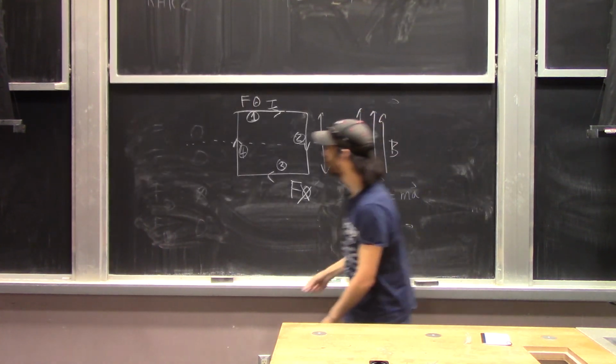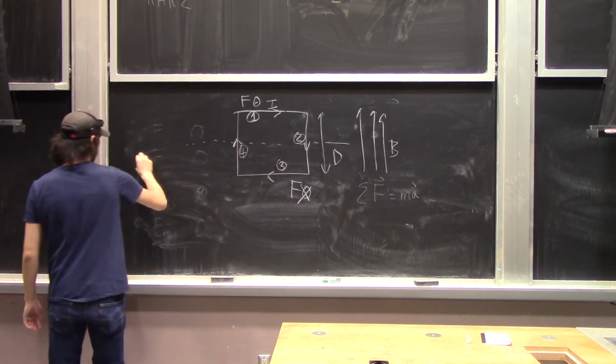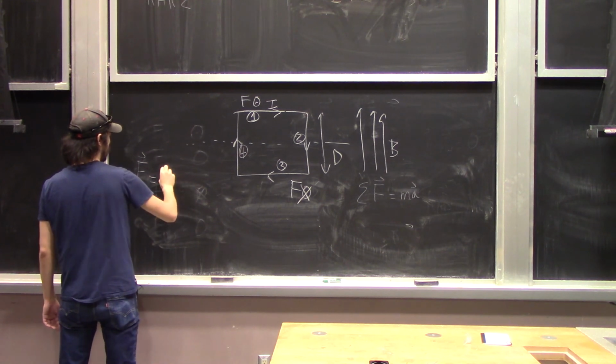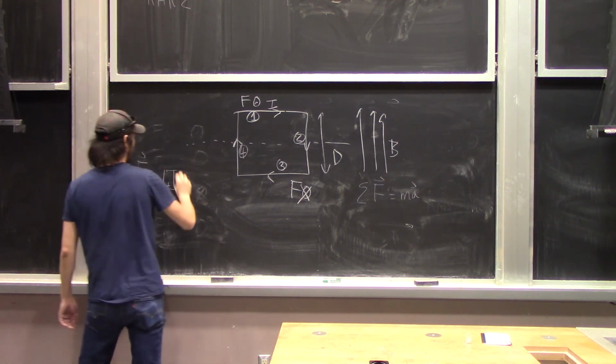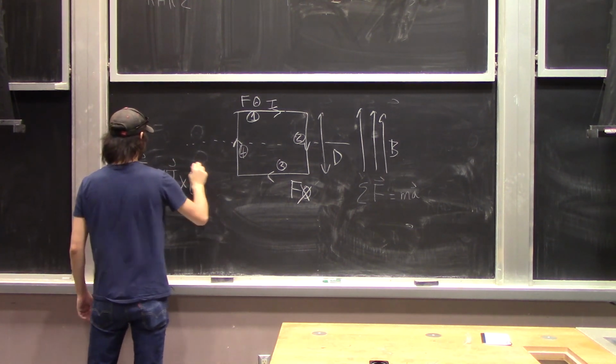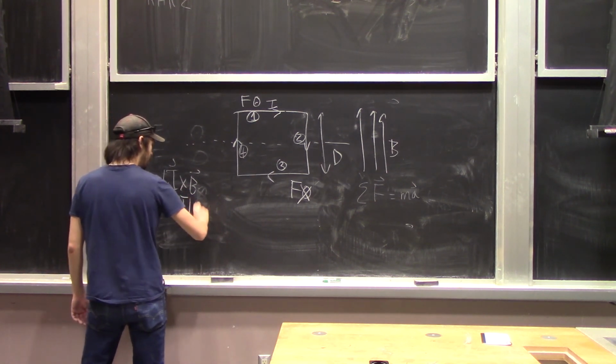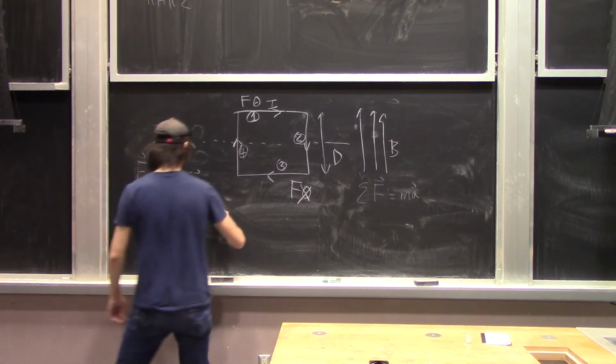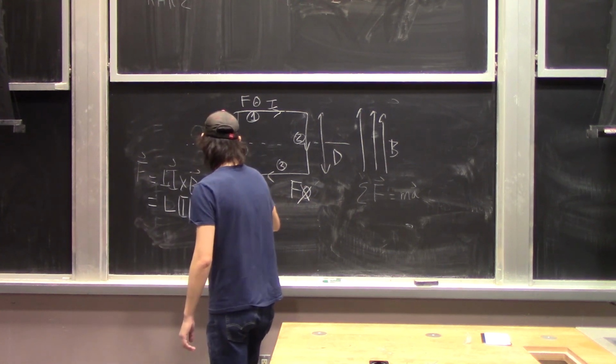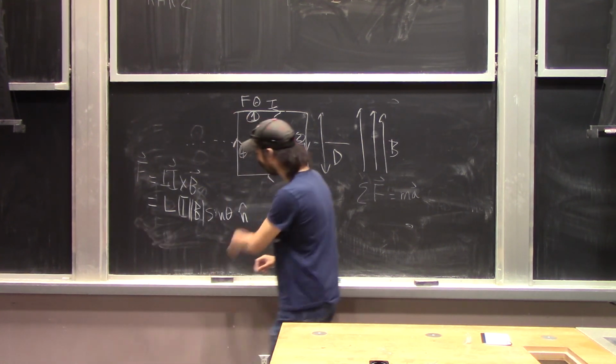So when I evaluate this cross product, F is equal to L, I cross B. In general, this is L, magnitude I, magnitude B, times the sine of the angle between them, times some unit normal vector.